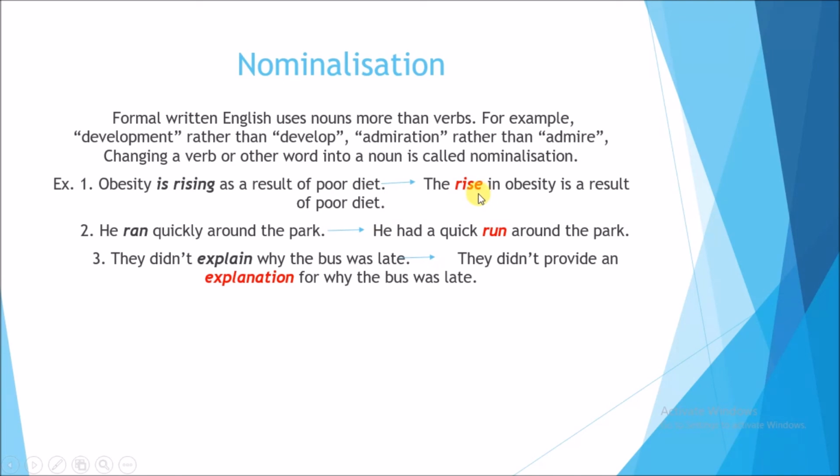And this is called nominalization. Then we have another example. He ran quickly around the park. Or we can say he had a quick run around the park. Again, the verb ran is changed into a noun, run.